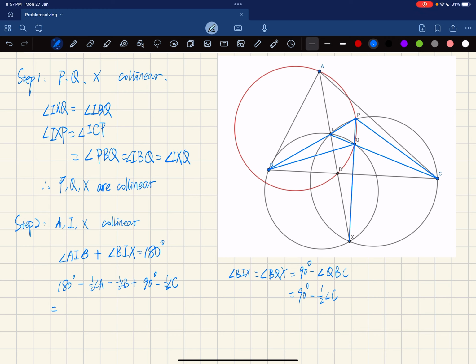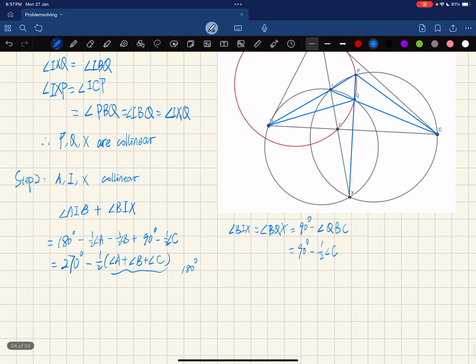So angle AIB plus angle BIX equals 270 degrees minus half of angle A plus angle B plus angle C. What is this exactly? 180 degrees, right? Half of it is 90 degrees, and then we use 270 degrees minus 90 degrees. It is 180 degrees. So A, I, X are collinear, right?